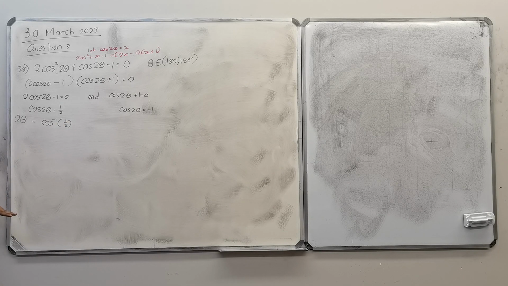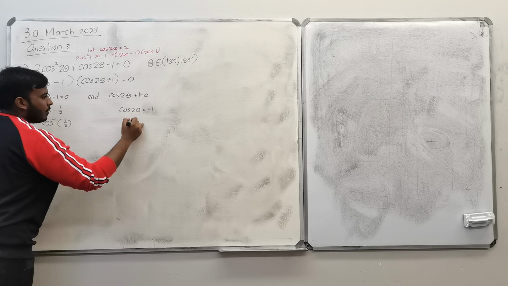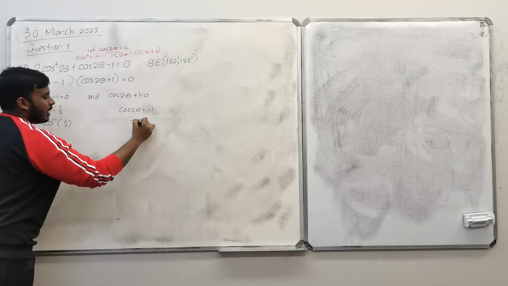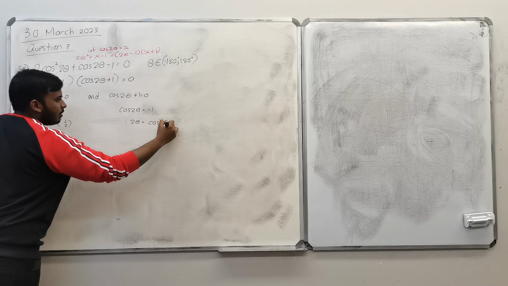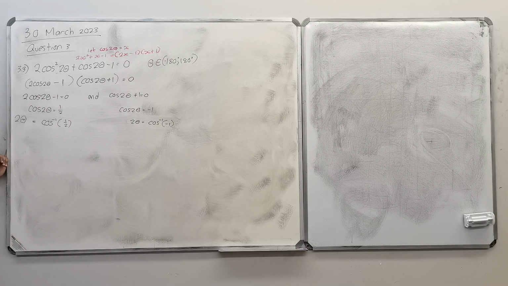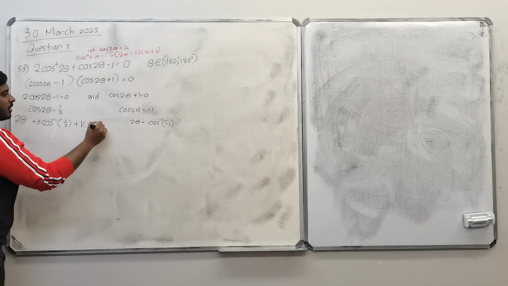That's how we got that 60, right? Same thing here. Your value of 2 theta is equal to cos to the minus 1 of minus 1. Now with the general solution method, you take the positive and the negative value of this and you add k times 360 degrees.